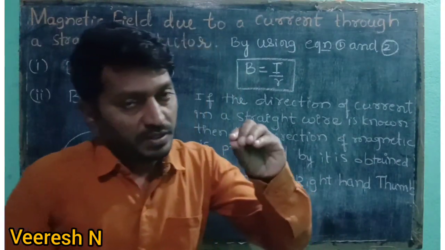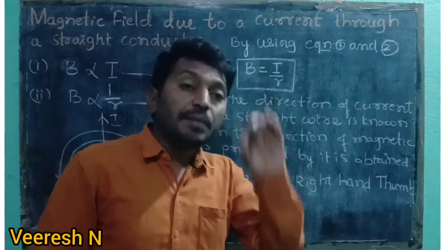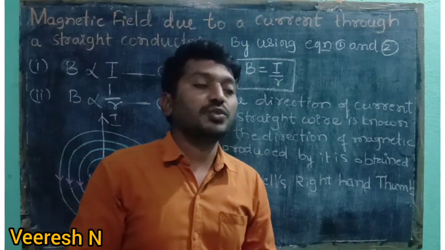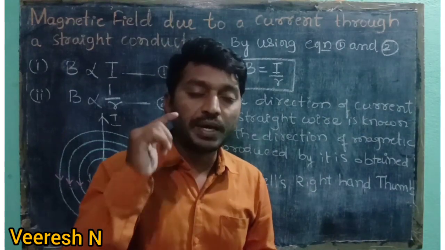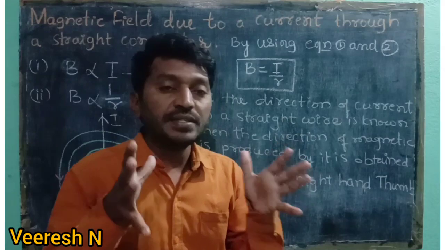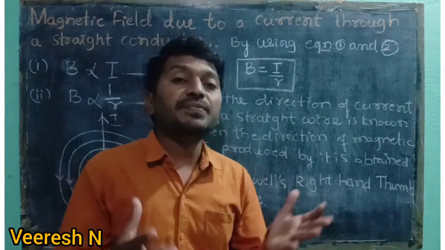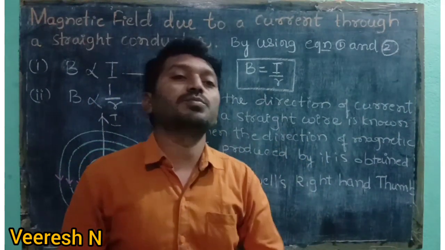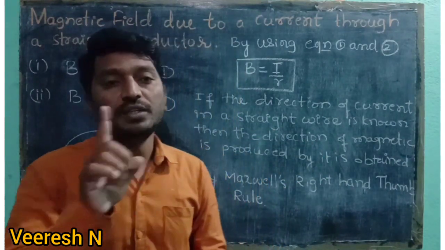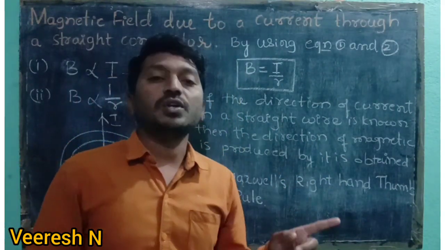And the lines emerge from the north pole to the south pole. So they are called magnetic field lines, meaning imaginary lines emerging from the north pole to the south pole. So always they move from north to south, they never move from south to north.